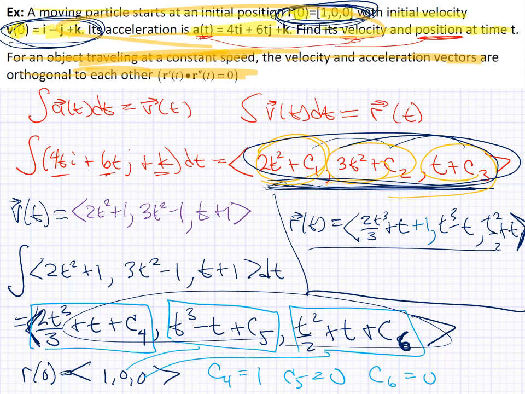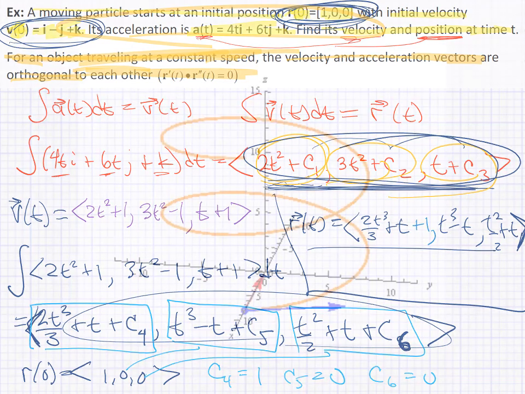But just since it's here, I'm going to talk about it. That's just something that you should know, that when you're traveling at a constant speed, the acceleration and the velocity vectors end up being at a 90-degree angle with each other. So I'll show you a picture of that in motion in the next slide.